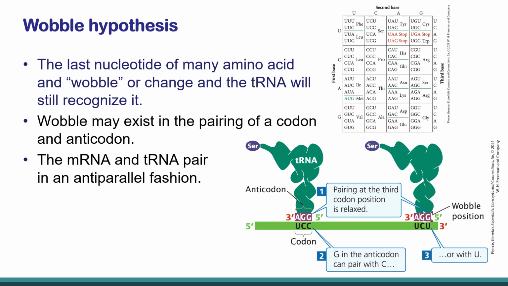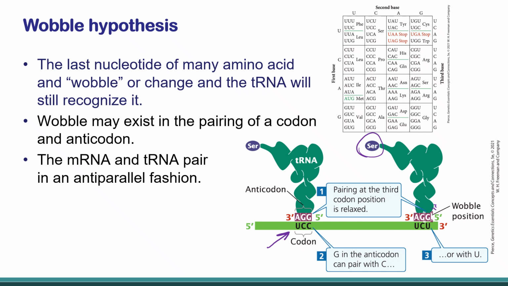If we look at this illustration here, we've got our transfer RNA. At one end, that transfer RNA has the amino acid. At the other, it has an anticodon, a complementary codon to an amino acid sequence. If we look at the one on the left, this is the exact complement, AGG, UCC. The one on the right shows that wobble, and it's even got these little squigglies on the side to show you that it can change.